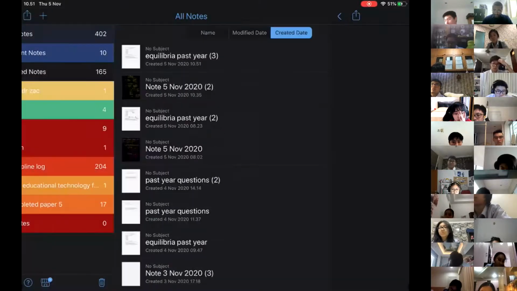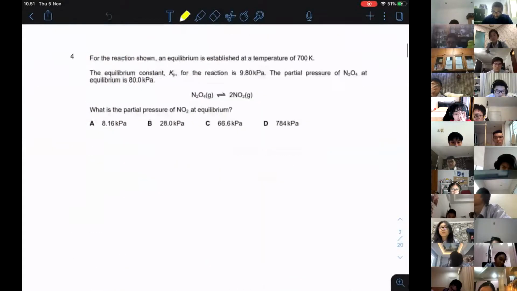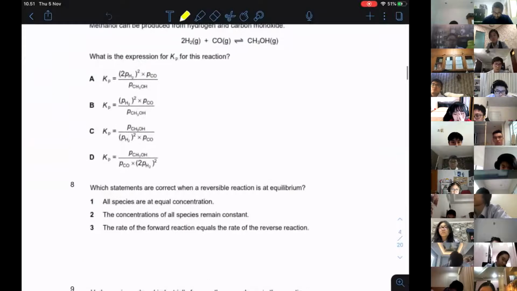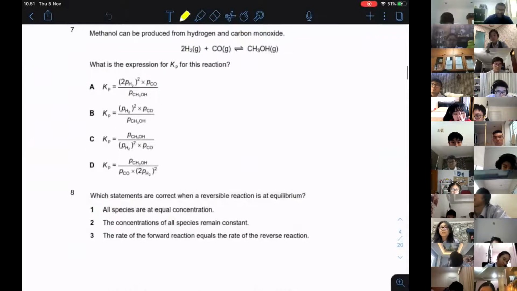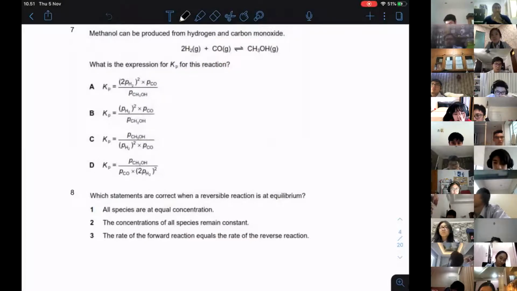Okay, good enough. So here, let us try related to Kp first. Let's try question number 7 first. So here you have methanol can be produced and all of them are gas. And I want to write what is Kp.